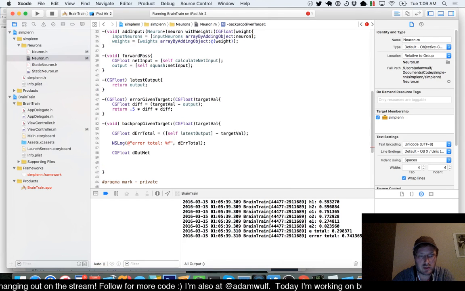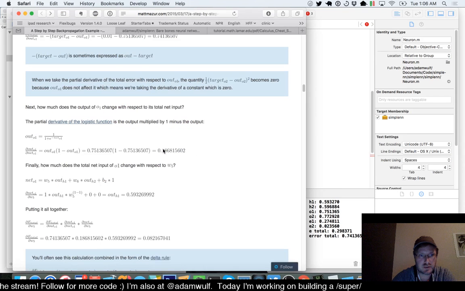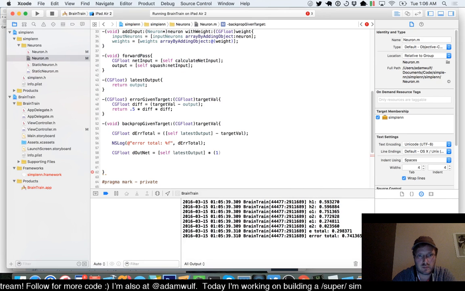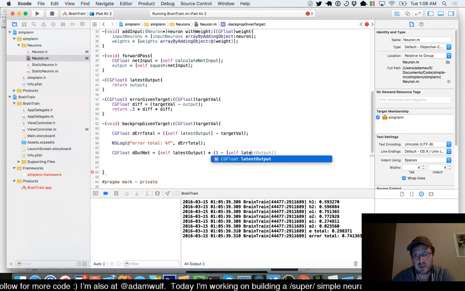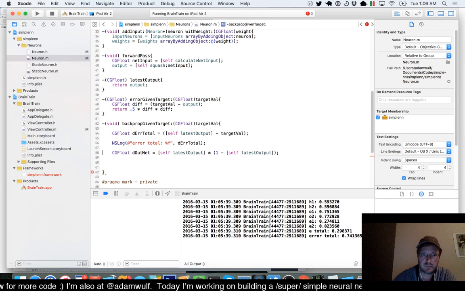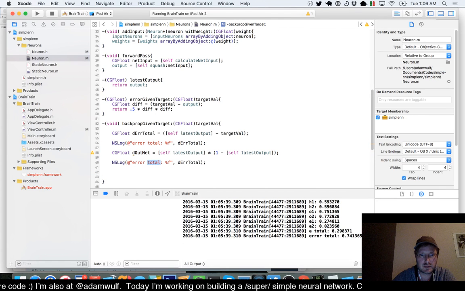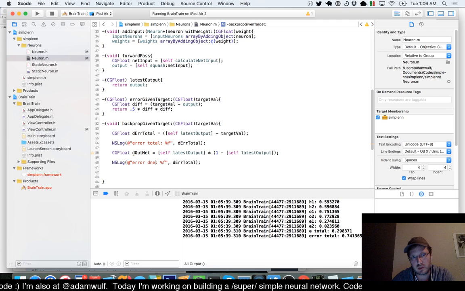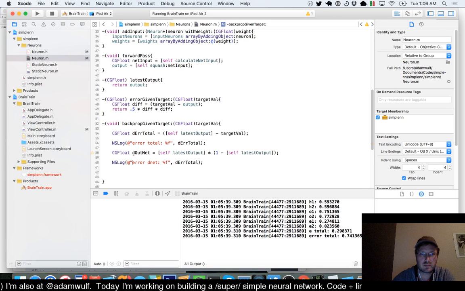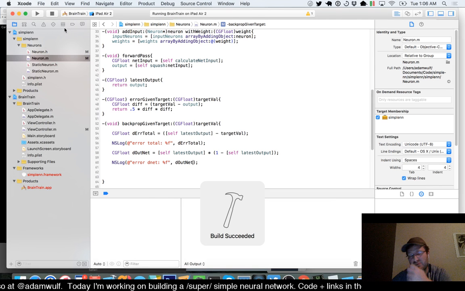The out versus net is going to be self latest output times 1 minus self latest output. And that guy is going to be error d net, what we'll call that. My variable names are pretty horrendous, but I think we're on target.